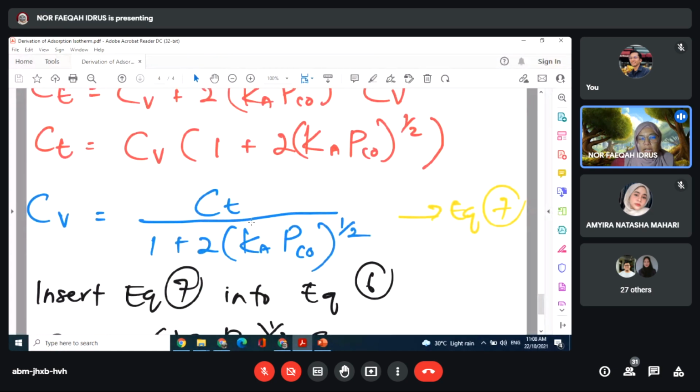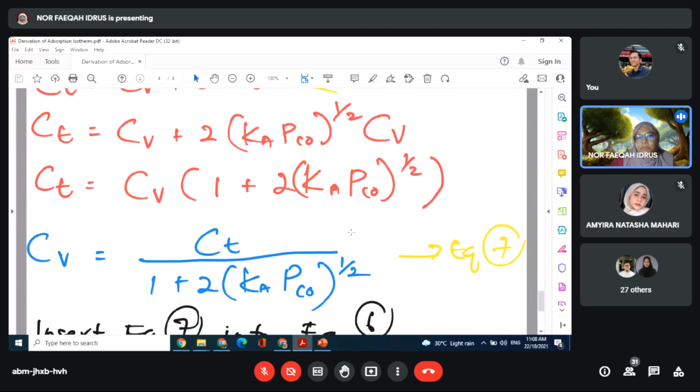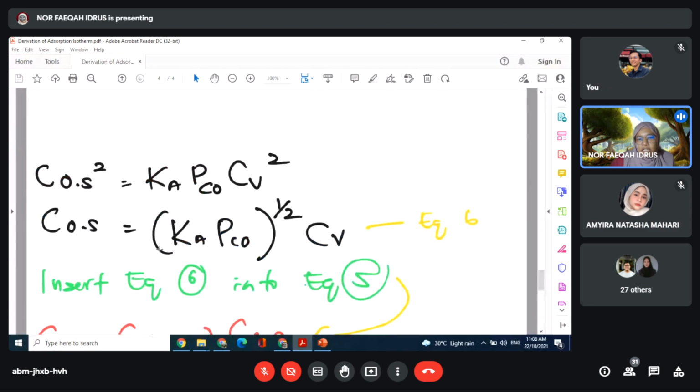Okay, so it is long, this is the derivation step. So rearrange for CV. Then when you have the CV equation, insert it back into the adsorbed species equation, which is equation 6, because we want to eliminate this CV.